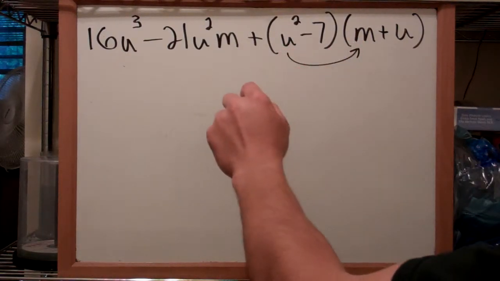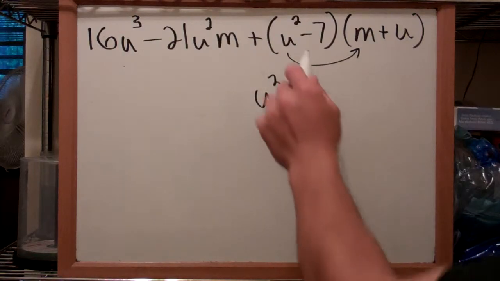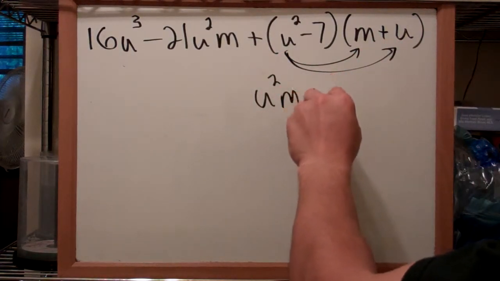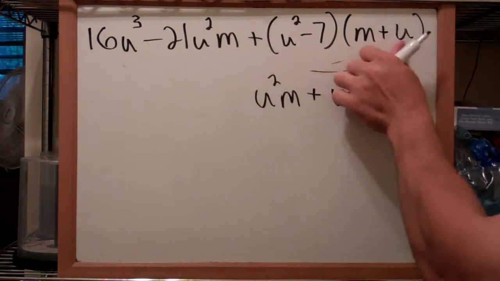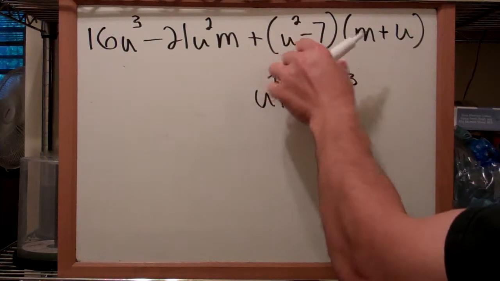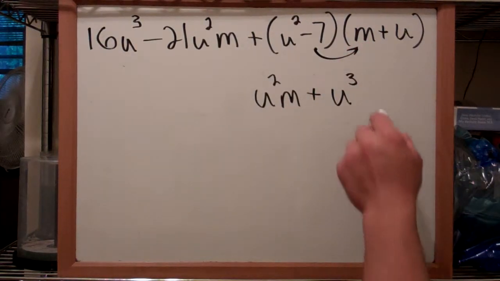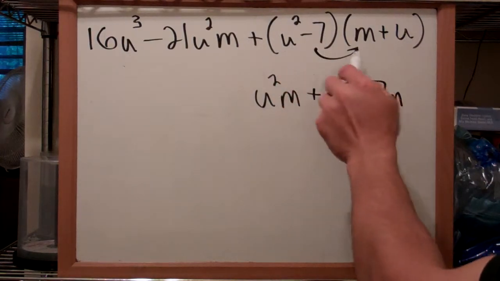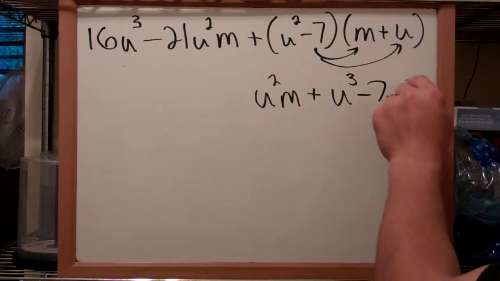If we do the firsts, we'll get u squared m, and then the outers will get u cubed, and if we do the inners, we'll get negative 7 times m, which is negative 7m, and then negative 7 times u would be the lasts, which would give us negative 7u.